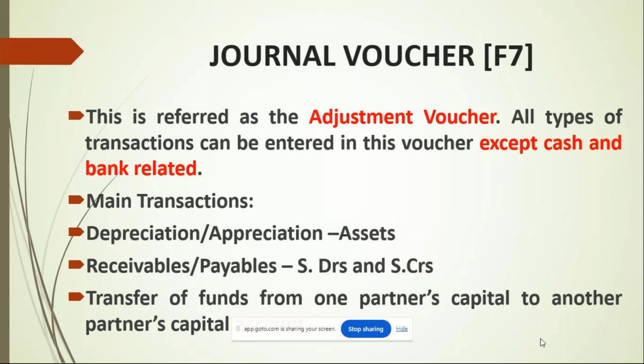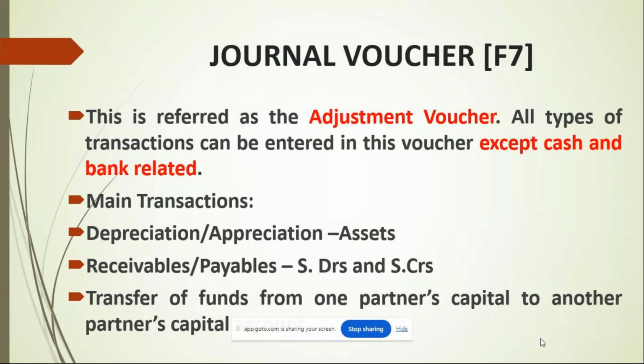In simple terms, the credit purchase and the credit sales. Not of the stock items I'm talking of. If I have to record the credit purchase of the stock in trade, I will record it in the purchase voucher. But if I talk about the credit purchase of the assets, I have to go for a journal voucher.